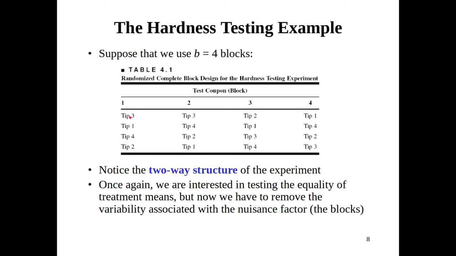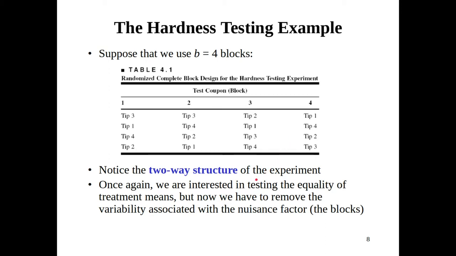Here are test coupons 1, 2, 3, 4, and we are going to test each tip on each of the test coupons, but we are going to randomize the sequence. You can see here tip 3 will be tested first, tip 1 second, tip 4 third, tip 2 fourth, and so on and so forth, right? All in randomized fashion.